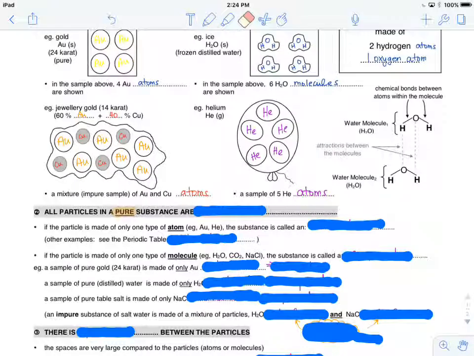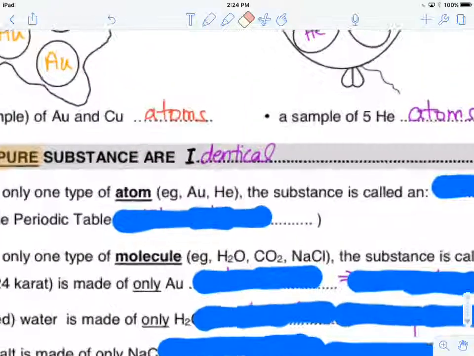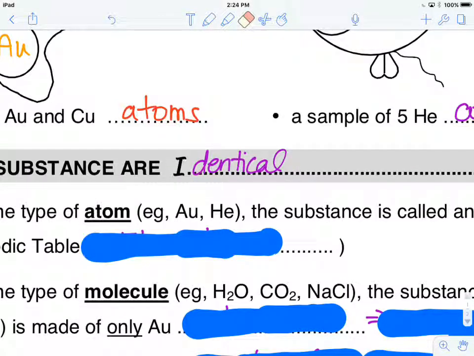So the second point that we have is that all particles in a pure substance are identical. Okay, so if we have a pure substance, all the particles in a pure substance are identical.